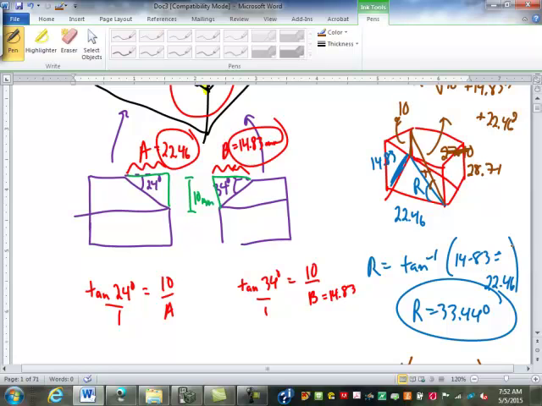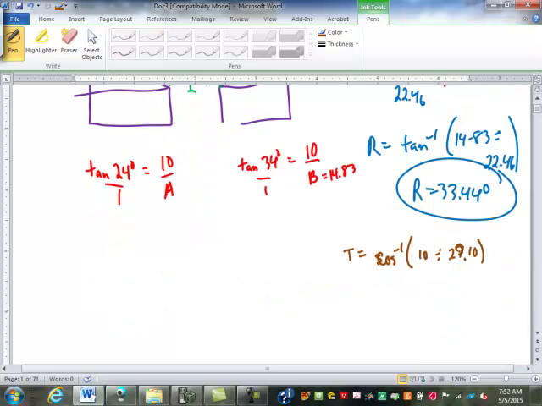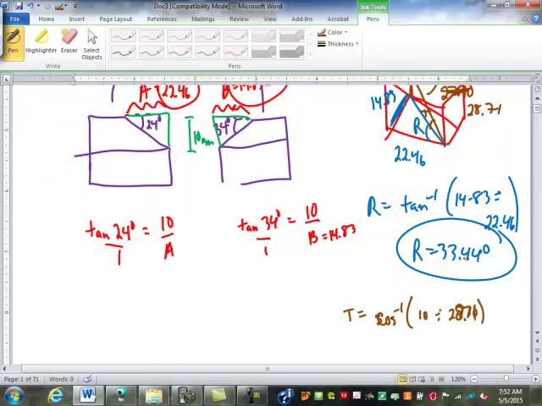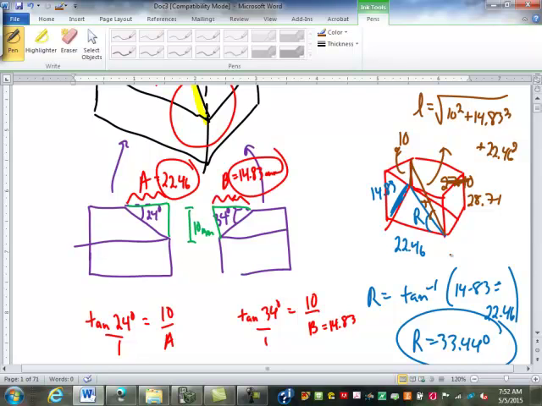So let's try that again. Inverse cosine, 10 divided by 28.71. 69.62 degrees, look better? That's not inverse cosine though, is it? That's the opposite side, not the adjacent side.